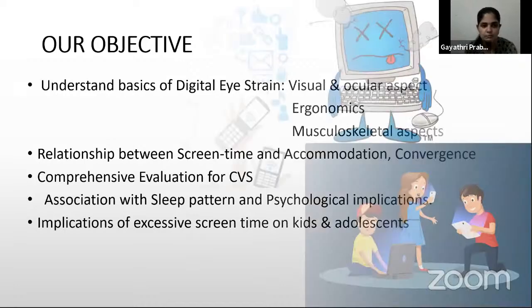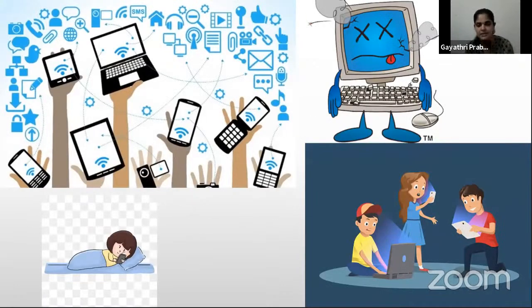All right, so first, let me just give an explanation of the current situation. A few years back, we used to work a lot on computers, mainly desktop monitors, and on smartphones, e-readers, Kindles, and laptops.